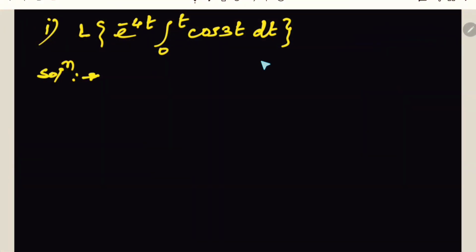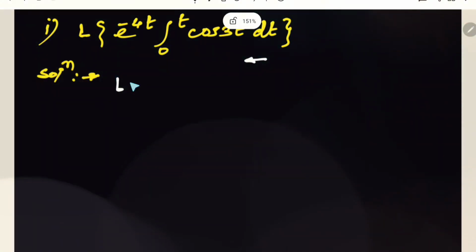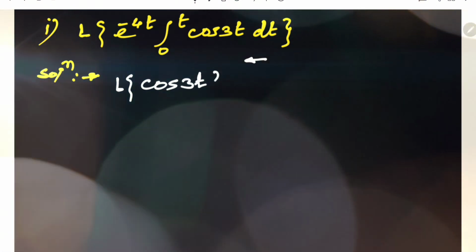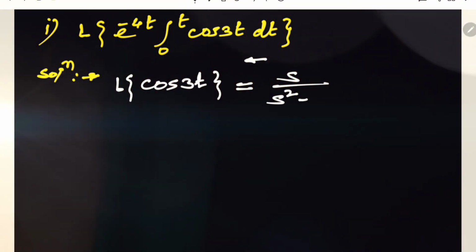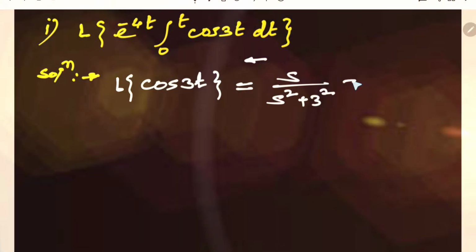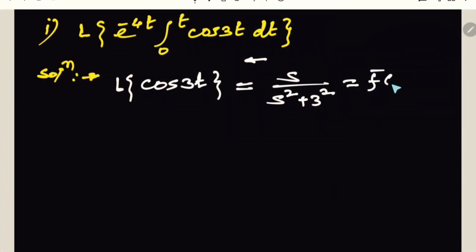In this example, first we find the Laplace of cos, then Laplace of integral, and then first shifting theorem in this sequence. We know that Laplace of cos of 3t, as per the standard result, is s divided by s square plus 3 square, and we call this f bar of s, say. This is the first step.